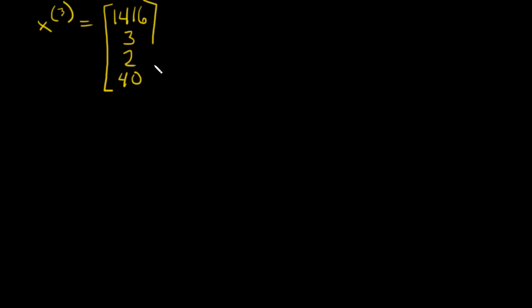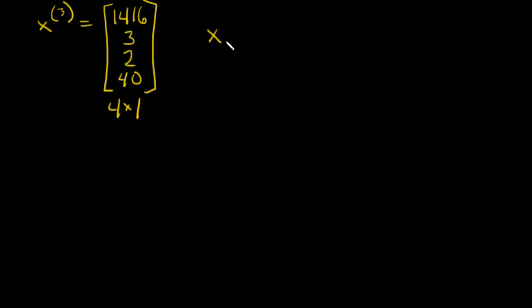In the previous example, if I had looked at just x superscript 3 with no subscript, that would have been the third training example, and it would have looked something like this if we think of it in terms of a vector: 1,416 square feet, 3 bedrooms, 2 floors, and 40 years old. Okay, this gives us a 4x1 vector.